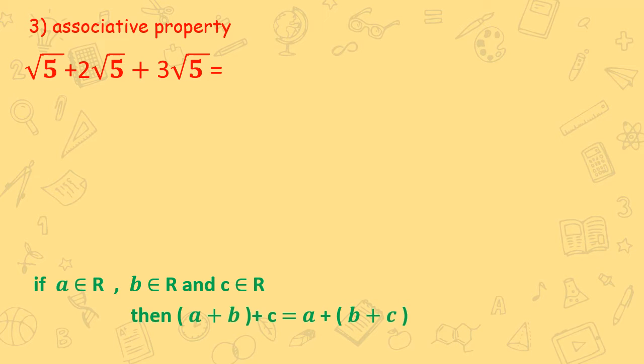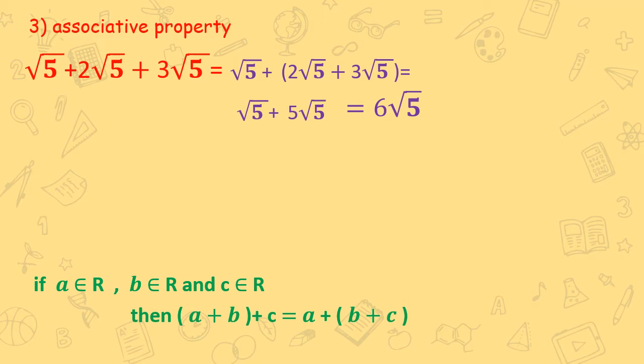For example, root 5 plus 2 root 5 plus 3 root 5. If we start by adding 2 root 5 plus 3 root 5 at first, root 5 plus bracket 2 root 5 plus 3 root 5, 2 root 5 plus 3 root 5 equals 5 root 5. Root 5 plus 5 root 5 equals 6 root 5.